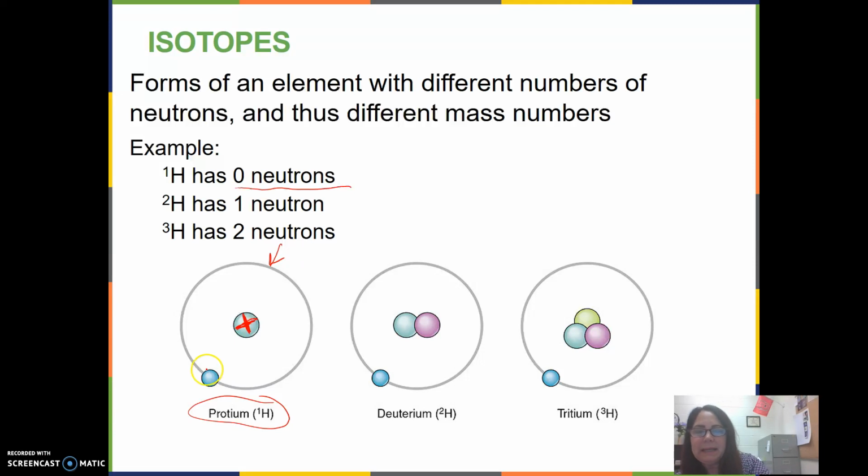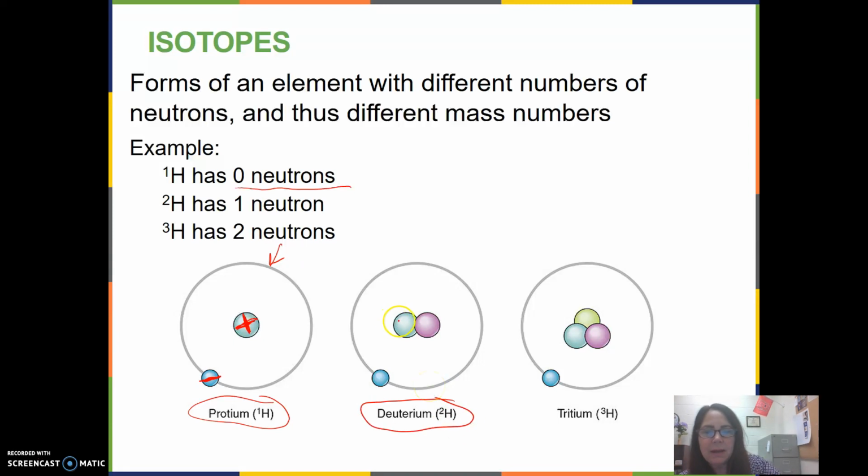And then there is 1 electron in the first energy level, and that is where the negative charge comes from. So remember, there's always got to be an equal number of protons and electrons, or else the atom will have a charge, and we'll call it an ion instead of an atom. So for hydrogen 1 or protium, there's 1 proton and 1 electron. For deuterium or hydrogen 2, mass number is 2.